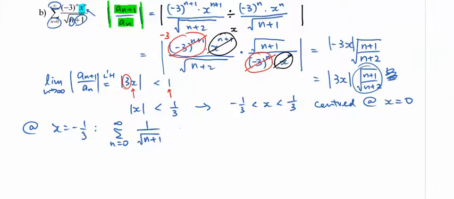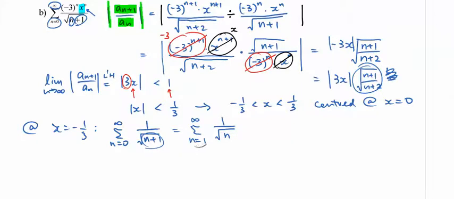And now, as you have n equals 0 up to infinity, this is comparable to a p-series where p equals 1/2. Or if you don't see this as a p-series, you can rewrite this as an infinite series that starts from n equals 1, and I can rearrange the expressions in the radical to just n. I don't have to start with n equals 1 if I have n plus 1.